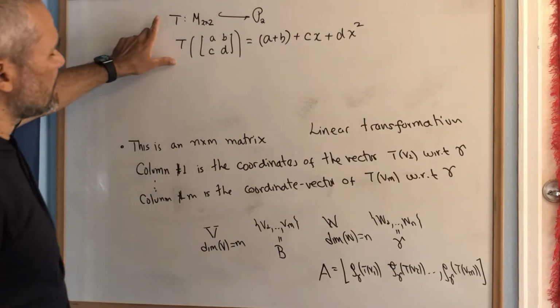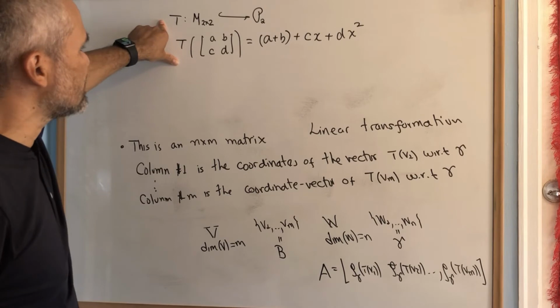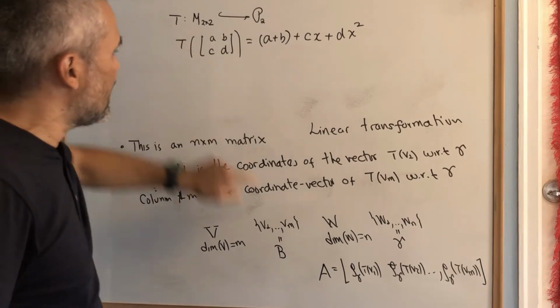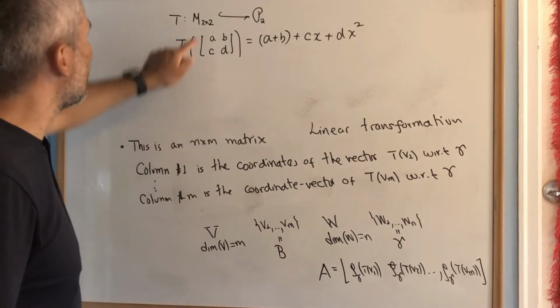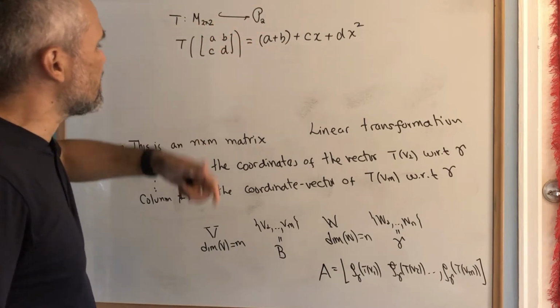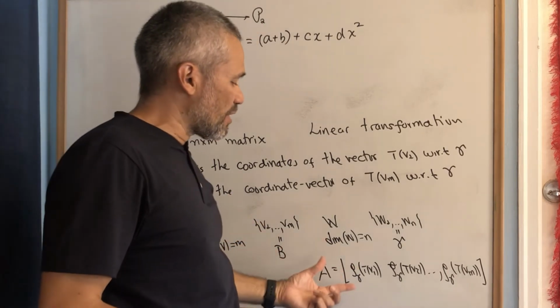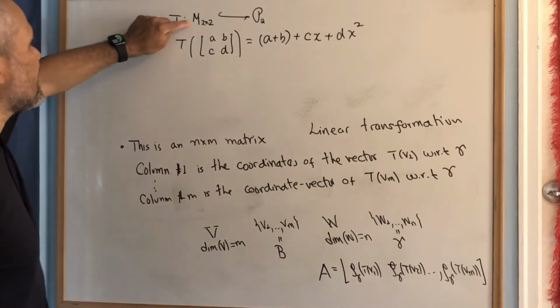Then we can check that this is a linear transformation, it satisfies both properties. But then let's think about some bases for these spaces. We can pick any basis and do the representation, but let's pick the easiest basis.